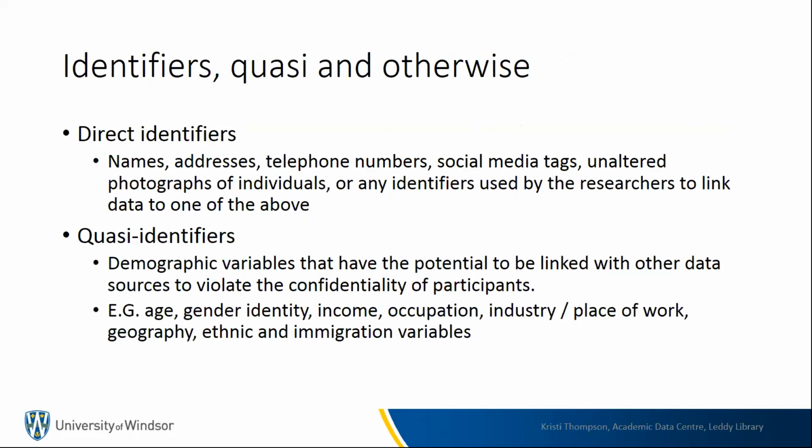A quasi-identifier is anything that has the potential to be linked with other data sources to violate the confidentiality of a person. So a set of variables that could be used as descriptors to identify someone, such as age, gender identity, income, occupation, ethnic variables, income variables, and so on.